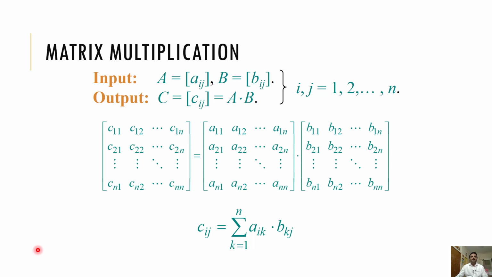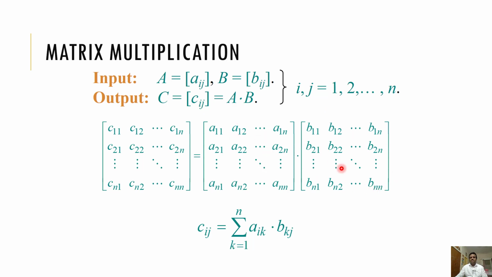In matrix multiplication, just to recap, we have a matrix A, which is A11, A12, this is the first row, this is the second row, this is the nth row, and we have another matrix B, with first row, second row, nth row.